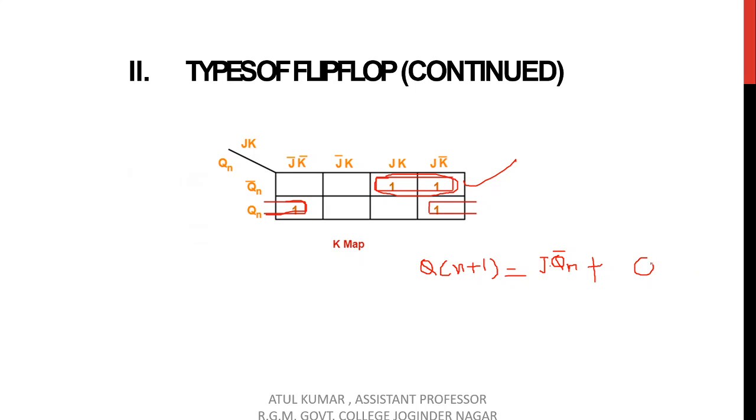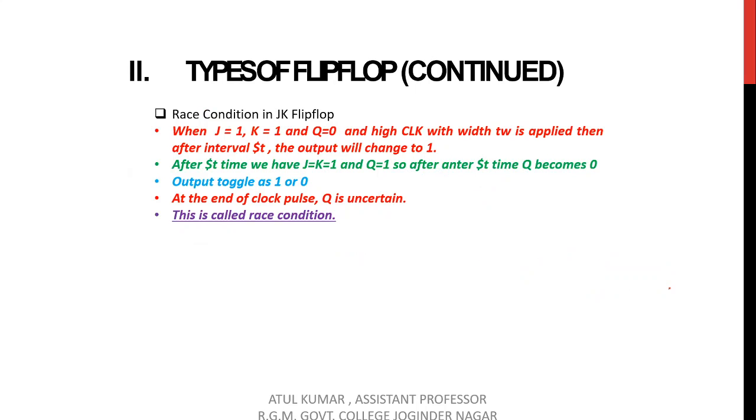The next common element, for first and last, is K bar, so K bar dot Qn. This one is the characteristic equation for the JK flip-flop: Qn+1 is equal to J dot Qn bar plus K bar dot Qn.